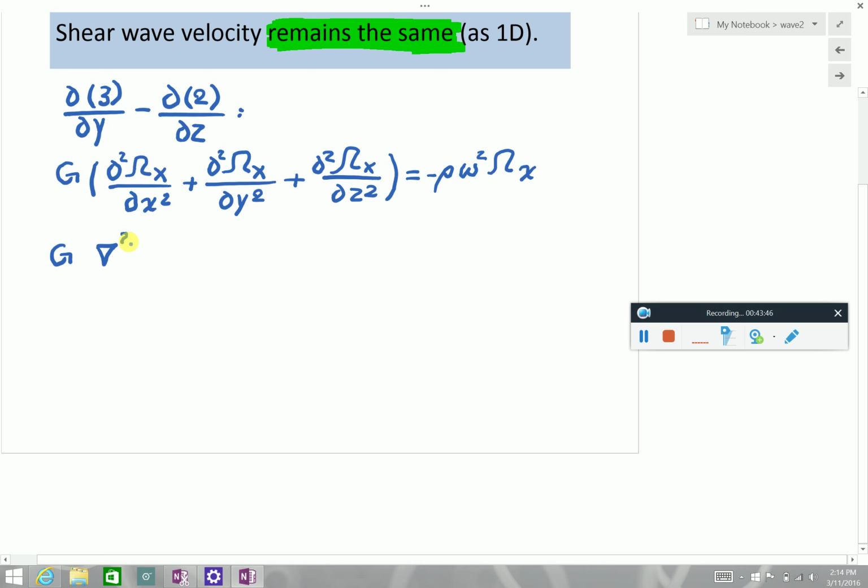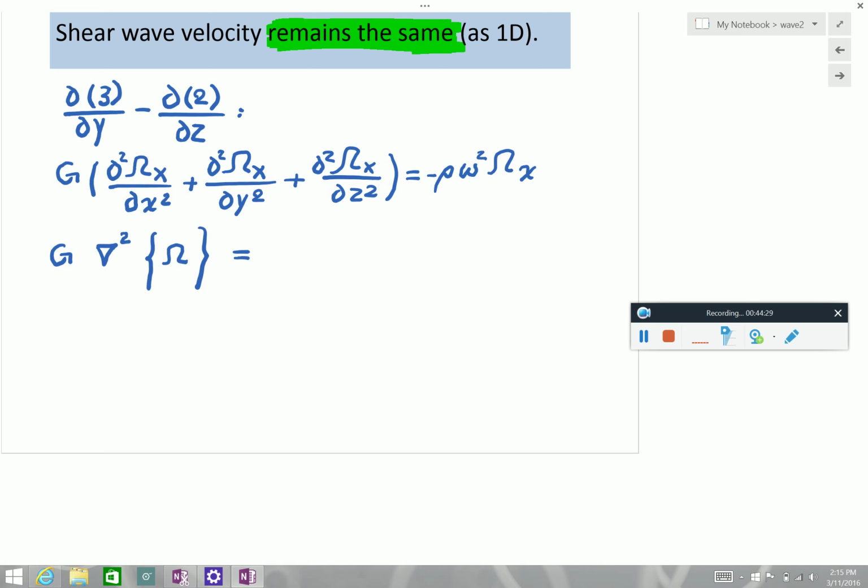So del squared, this operator, is sometimes called del 2 or the Laplacian, and then here is a vector of omega x, omega y, omega z. This is general when we have everything.